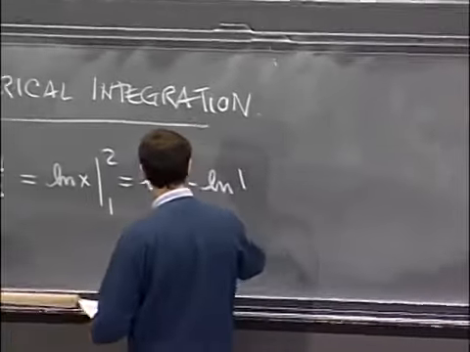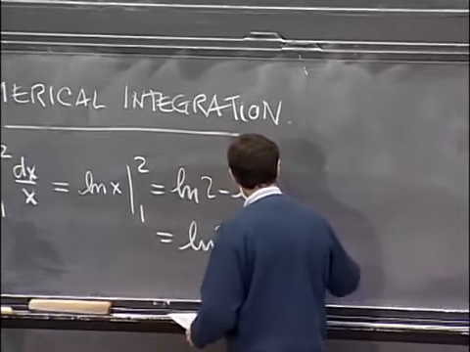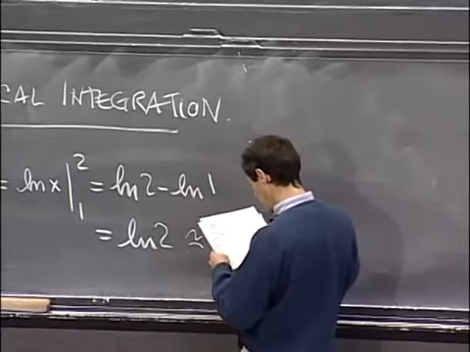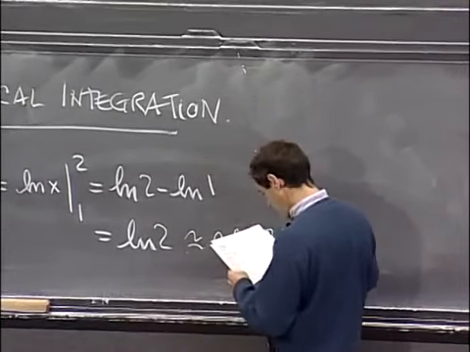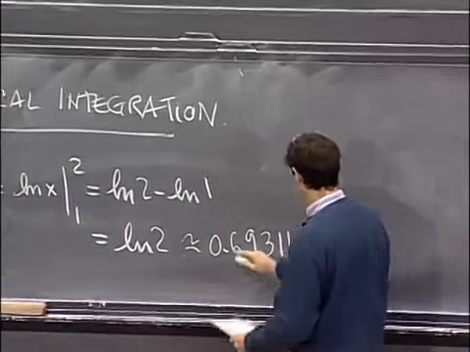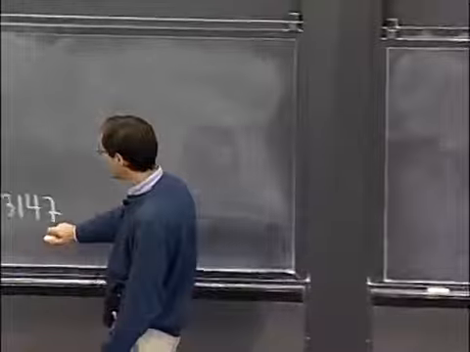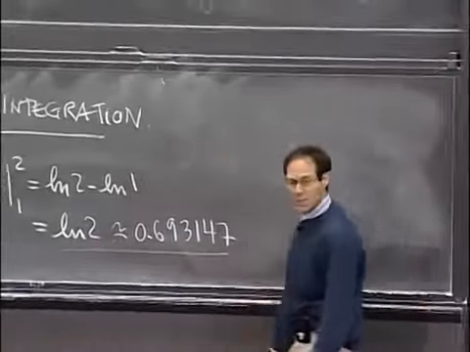Yeah, it's about 0.693147. That's more digits than we're going to get in our discussion here.